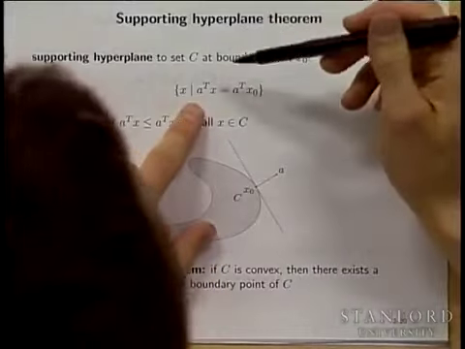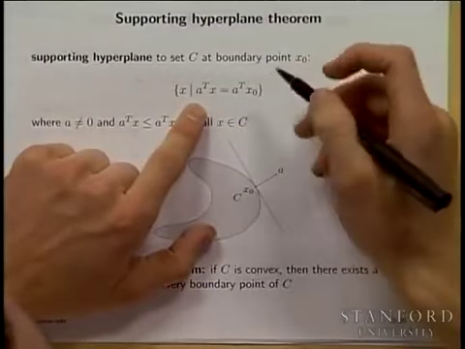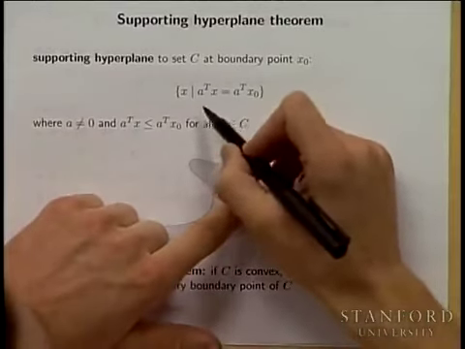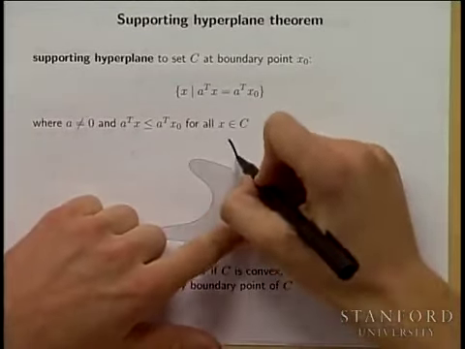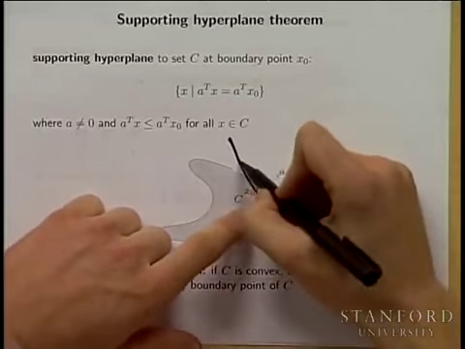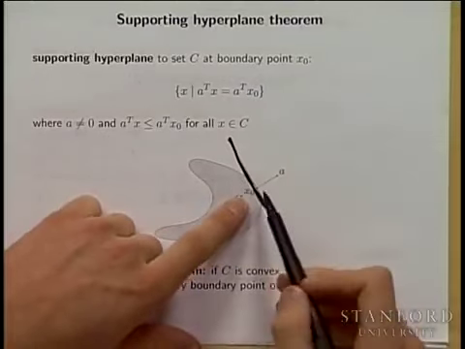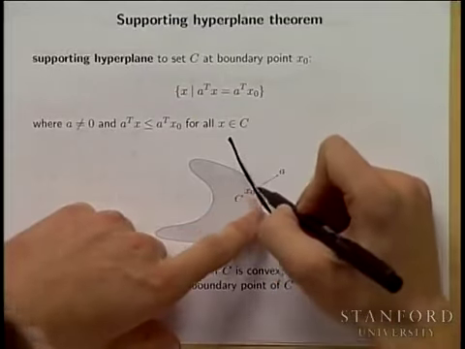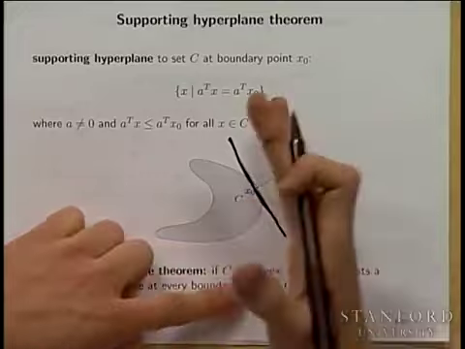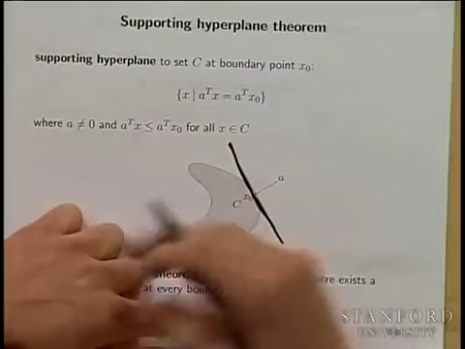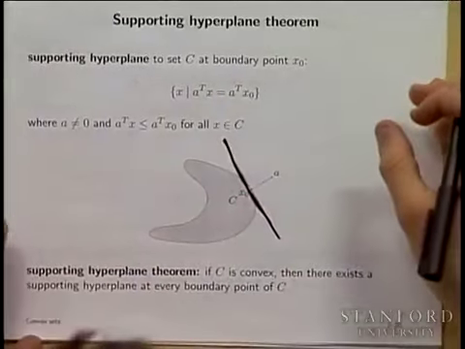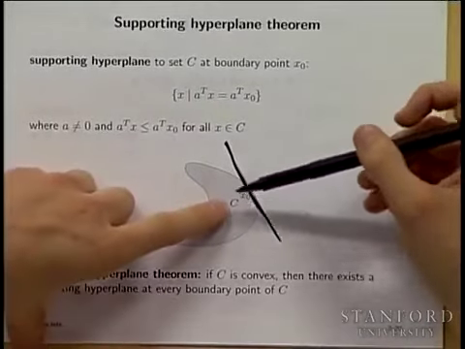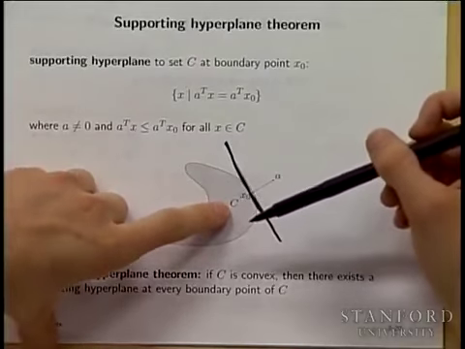So a supporting hyperplane we define as being one where, so here's a hyperplane like this, and this is described as being a supporting hyperplane if the only point that it touches is x0 and all of the set is on one side. Okay, and so you can say that if C is a convex set, then at every boundary point of C there will be a supporting hyperplane.